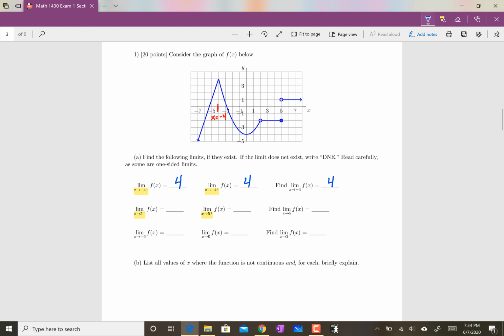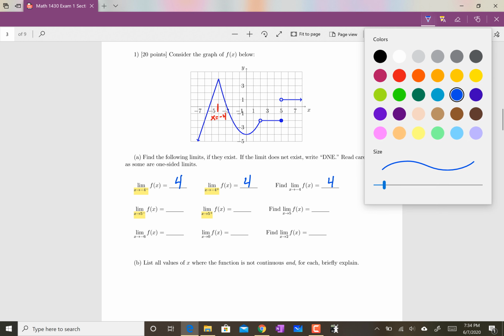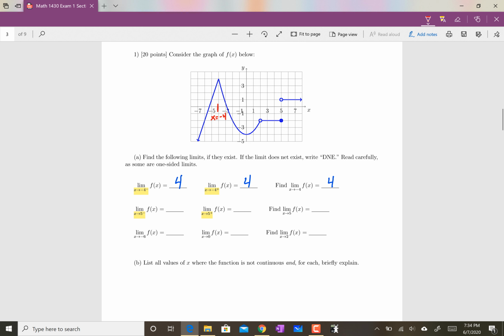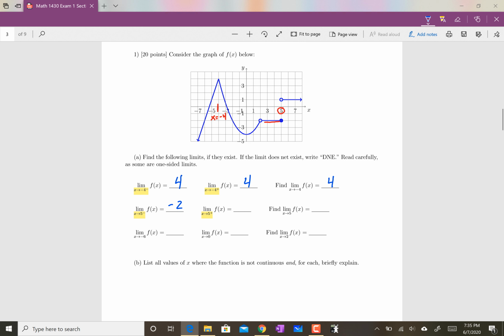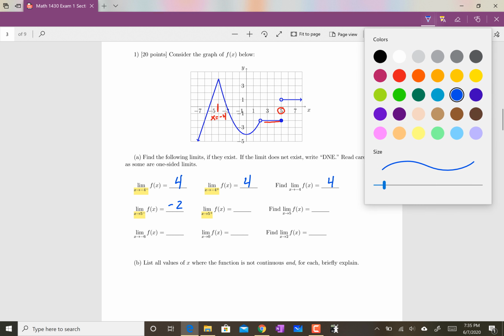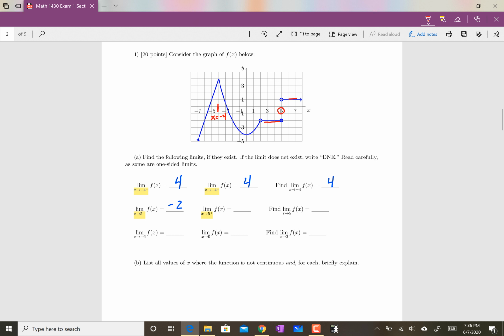The next limits are also a left and right side limit, followed by a general limit. We're looking towards x going to 5. So here we have x equals 5. If we look along the left-hand side of the graph, we can see that we are approaching a y value of -2. However, if we approach 5 from the right-hand side, we see that there is no point there, but that's okay.